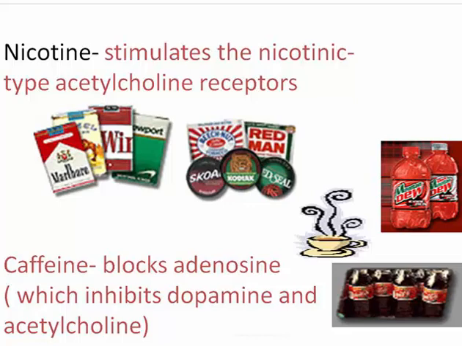Okay, alcohol facilitates the GABA receptor. The GABA receptor is an inhibitory neurotransmitter, and it's your anti-anxiety neurotransmitter. So alcohol produces an anti-anxiety effect by facilitating the action of the GABA receptor, which would be step 4 at the synapse.